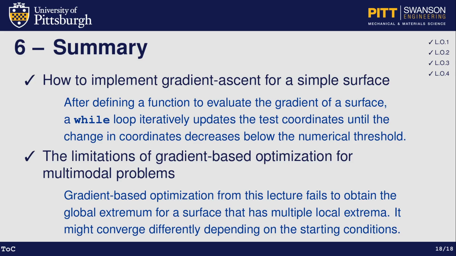And to actually implement this in code, we define a function that evaluates the gradient of a surface, which in our example was an analytic function, but like I said earlier, this could be a numeric implementation. And then inside of a while loop, we iteratively update the coordinates of the test until the change in those coordinates decreases below the numerical threshold.